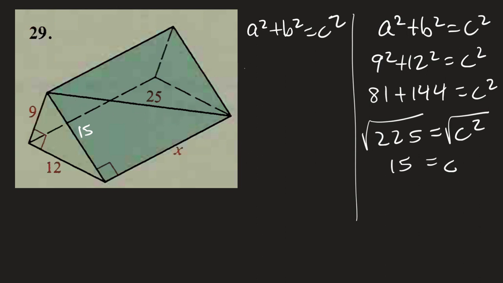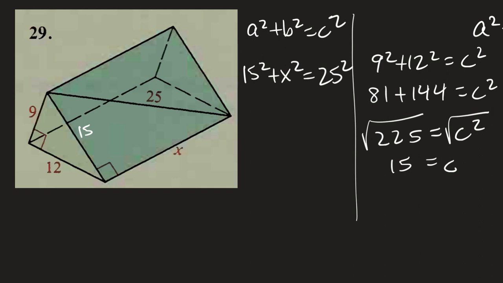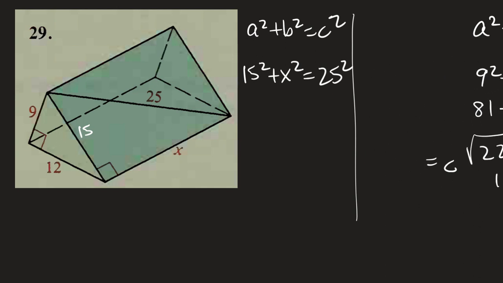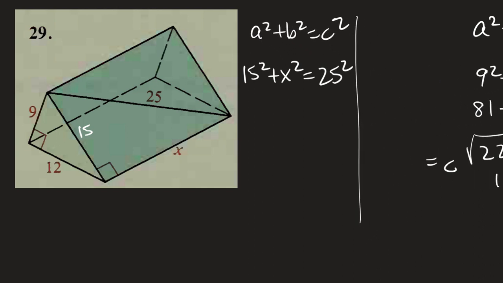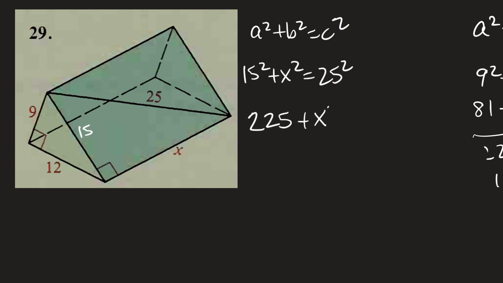So that would be 15 squared plus x squared equals 25 squared. I'm going to give myself some more room here because I don't really need this, do I? I already did this stuff. So we have 15 squared is 225 plus x squared.